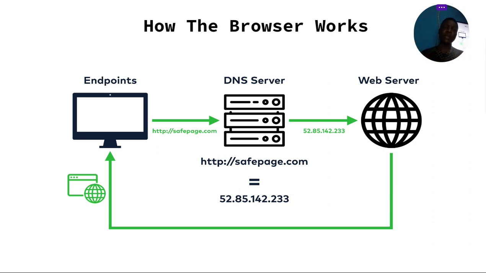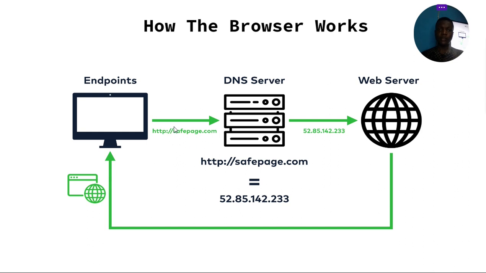And this is where the domain name servers come in. In this example, your browser is trying to pass a request. You are trying to access a website known as safepage.com. When you do this, the domain name server has to convert this human readable safepage into the IP, the Internet Protocol address.